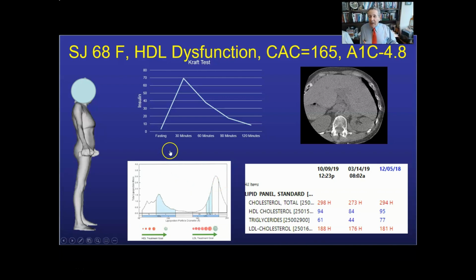And now here is a 68-year-old female who, by all our parameters, looks great. Perfectly normal belly, no obesity, completely normal Kraft test, no visceral fat at all, very large particles, and very high HDL.